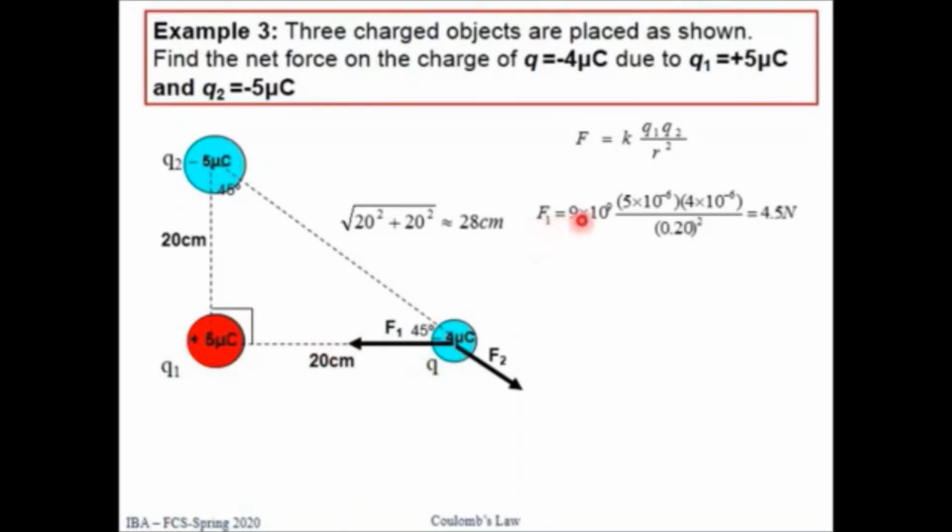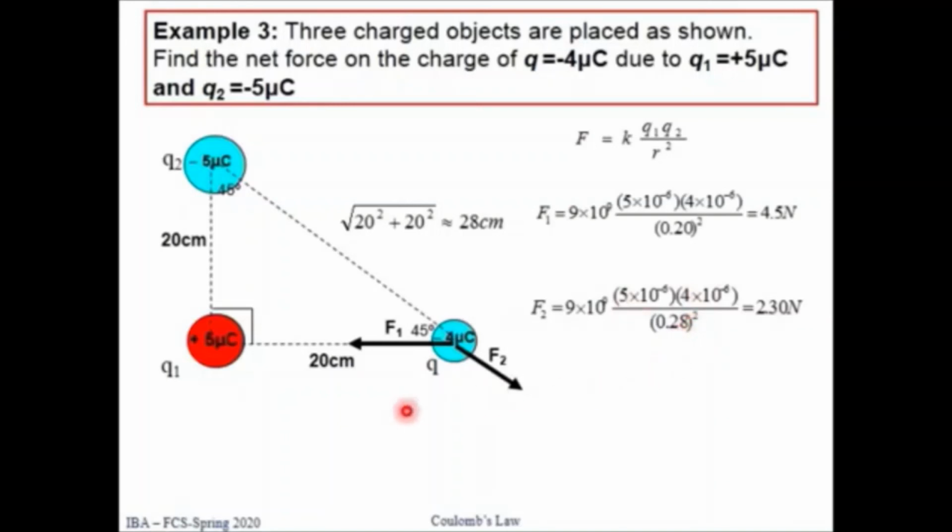F1 can be written as K Q1 Q2 divided by the square of the distance between the 2 charges, and you will have a magnitude of 4.5 Newton between Q1 and Q. And the force between Q2 and Q can be written as 2.3 Newton by just incorporating all of these numbers.